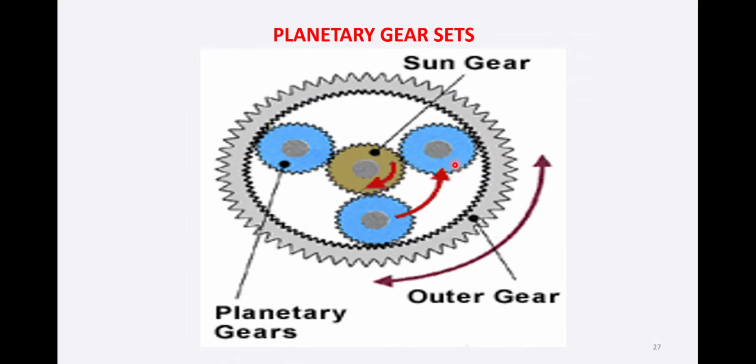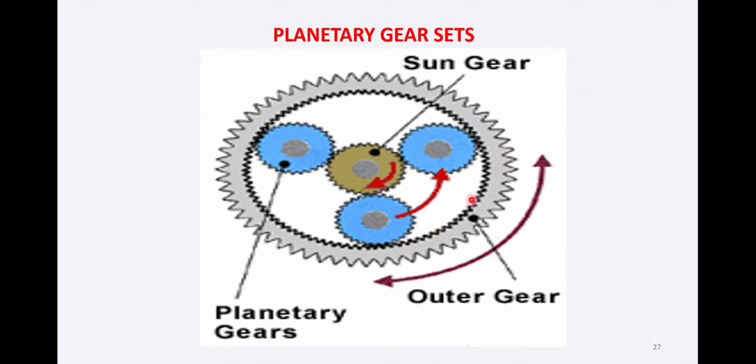So we have a different set of gears here. First, the center one, this is known as the sun gear. Then these blue ones are called planetary gears or pinion gears. They may be 3 in number, they may be 4. Then we have this outer gear or the ring gear.